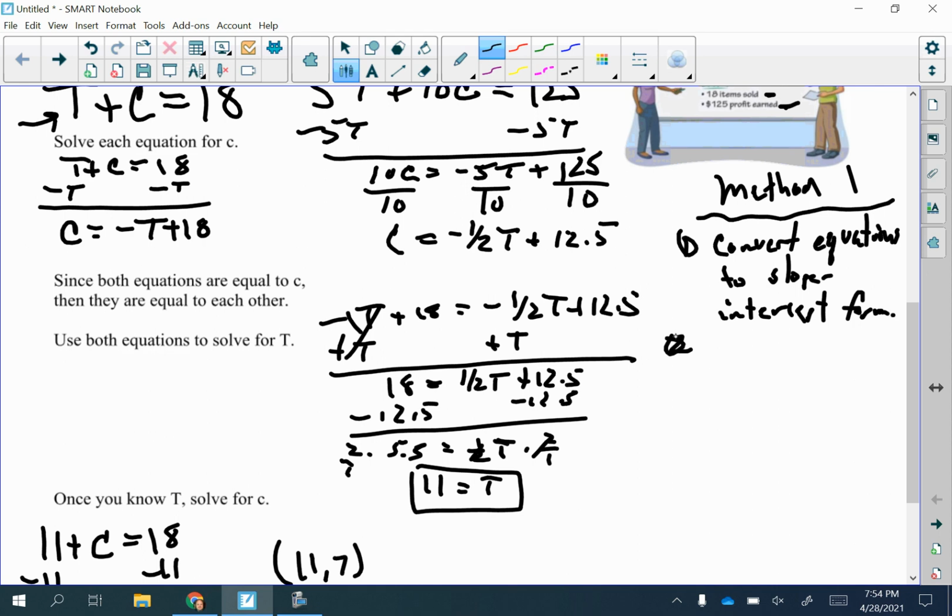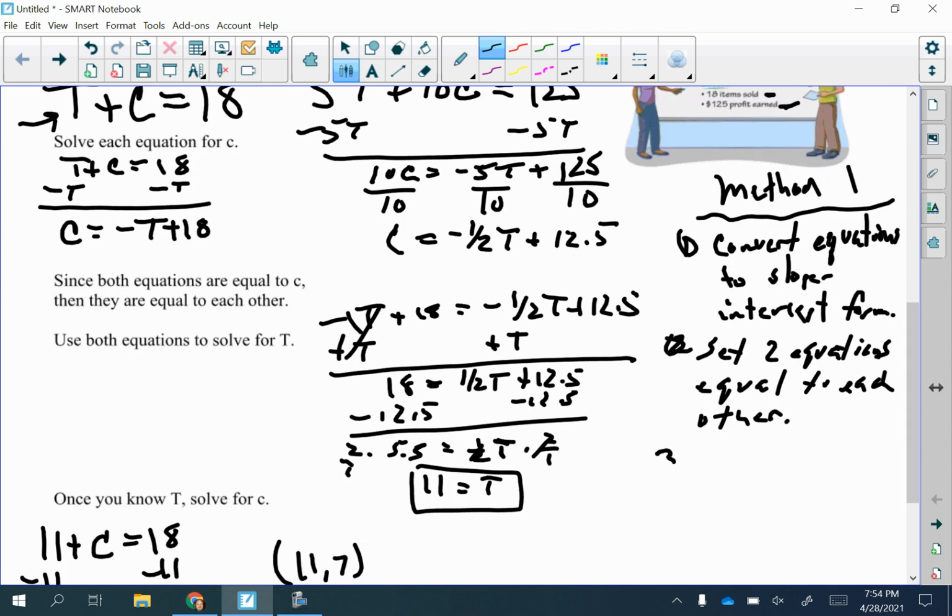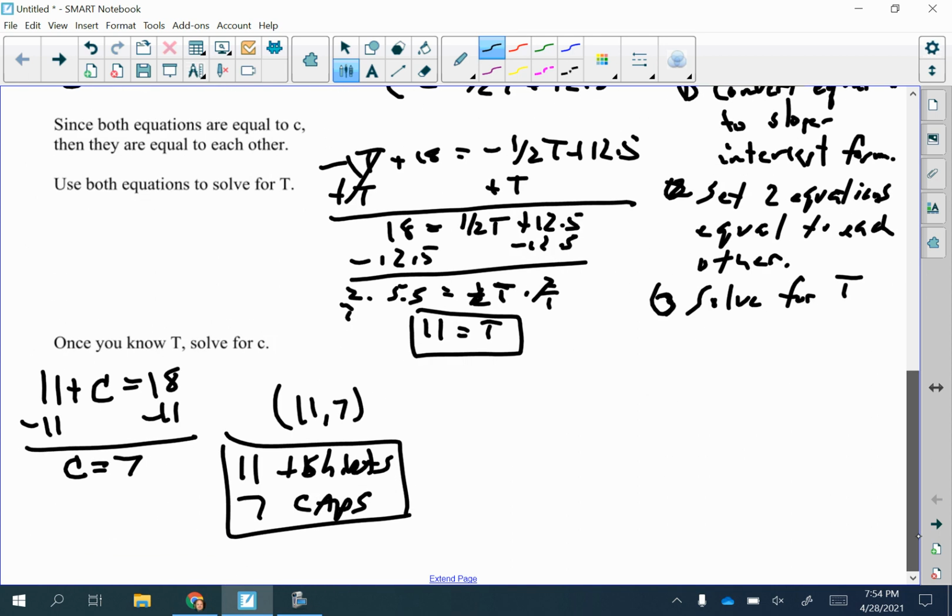And then secondly, we're going to set the two equations equal to each other. Okay, and then when you do that, you're going to solve, in this case for t, or it could be x.